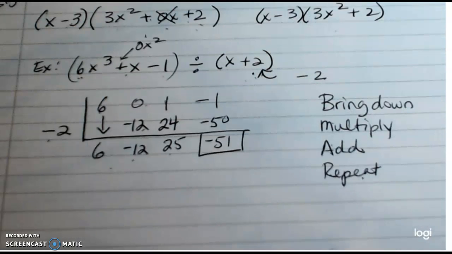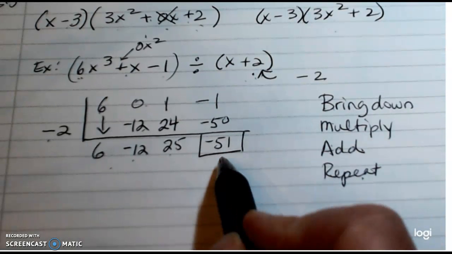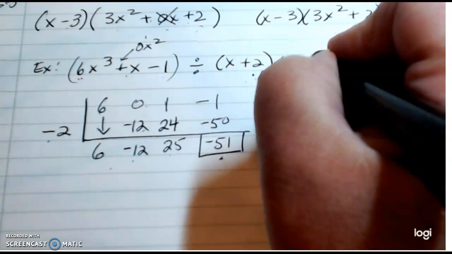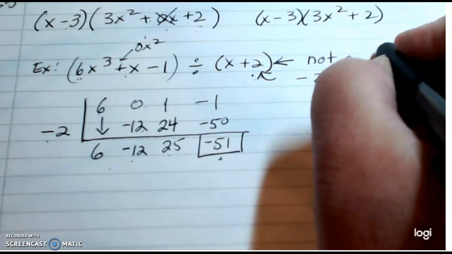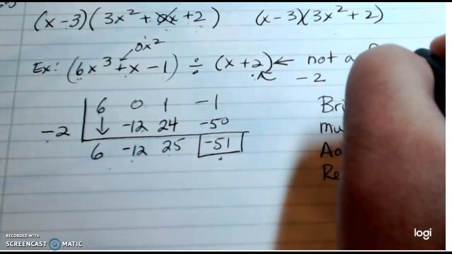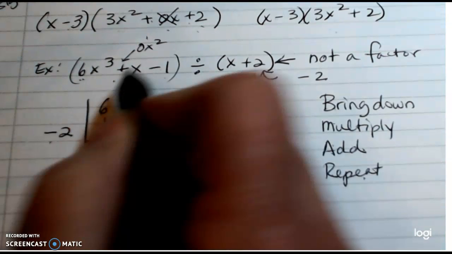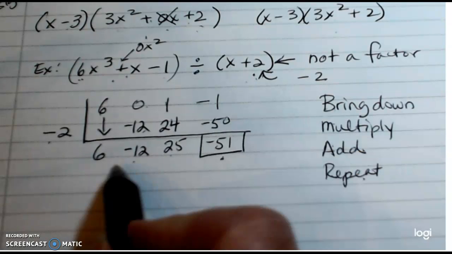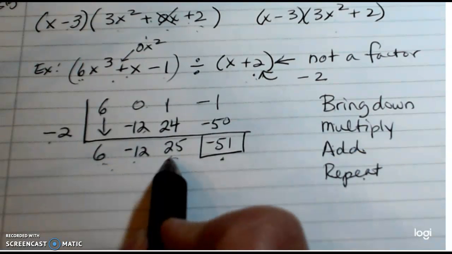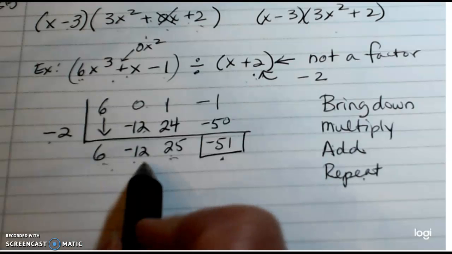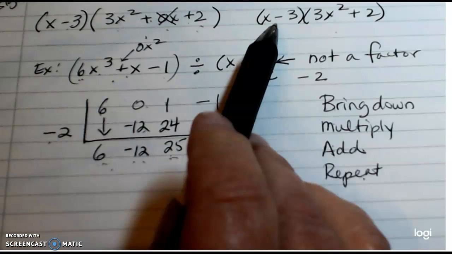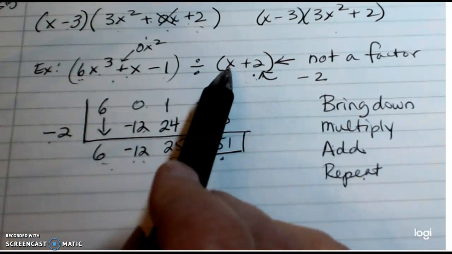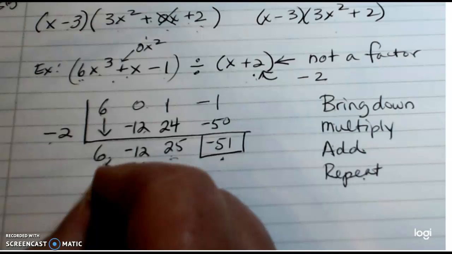So I actually have a remainder. It's not 0, so it means that your original divisor polynomial is not a factor of your starting polynomial. And we need to write out the quotient polynomial, the answer. So remember, you started with x to the third power and you divided by a single x term. So this is going to be x squared here.